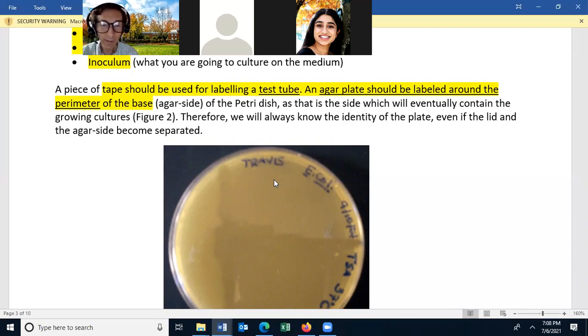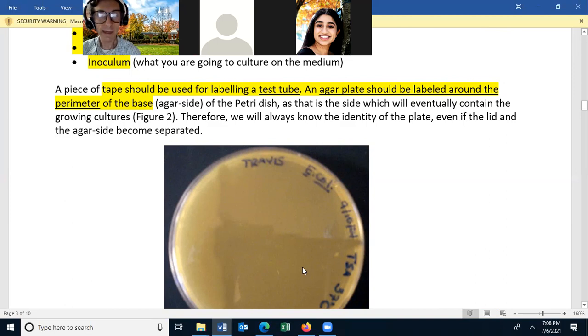She had written everything for that experiment on the lids, and nobody knew what lids went with which bottom, so the whole experiment had to be thrown away. So we always write on the bottom, so that if we find the plate separated from the lid, we will have what is on this plate, as well as who made the plate, what date it was made, what the media is, and possibly, this is optional, what temperature it was growing at.